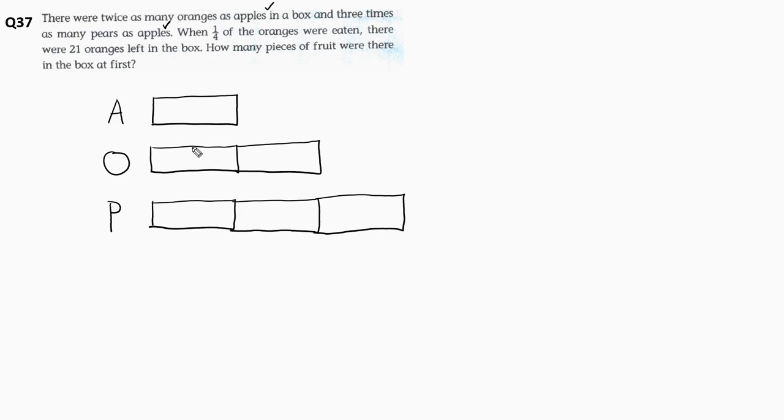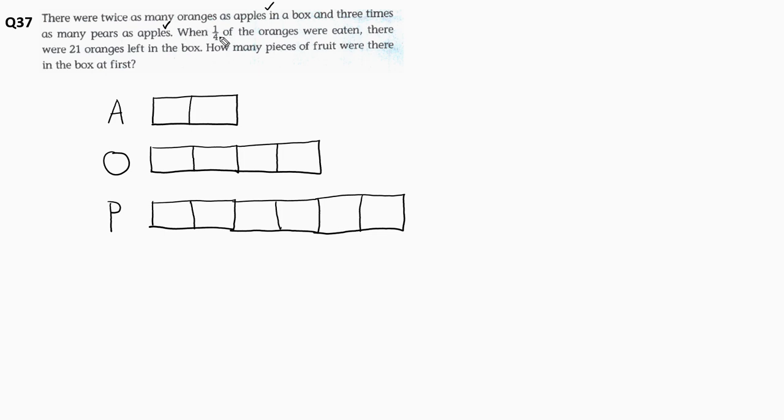So I need to divide each of these parts into 2, and that will give me 4 equal parts. And that's now the oranges divided into quarters. Now, as I've done in other videos, because I've divided these parts, I want to keep everything the same. I'm going to do the same across the model. So now I've still got equal units, equal parts everywhere.